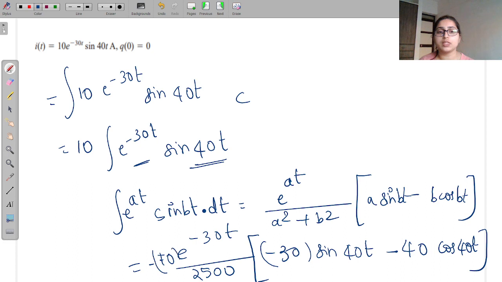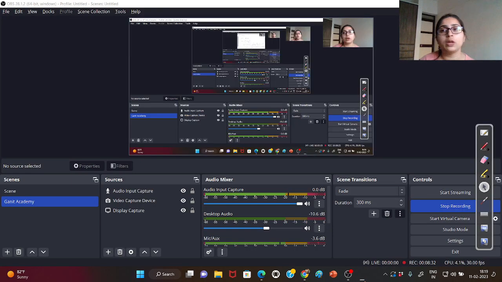Minus, and 10 also is there, no? So minus 1 by 250, I can convert into decimals. Then I can write this as 30 sine 40t plus 40 cos 40t. So that will be the answer. Minus I have taken outside, so this will be plus. Okay. So this is all about exercise 1.1, 1.2, 1.3.